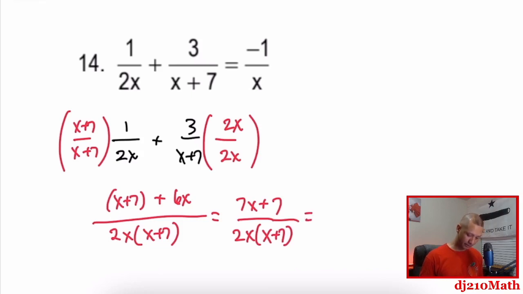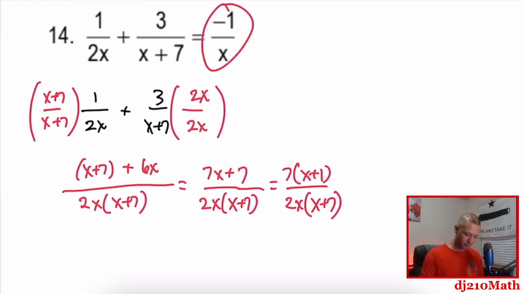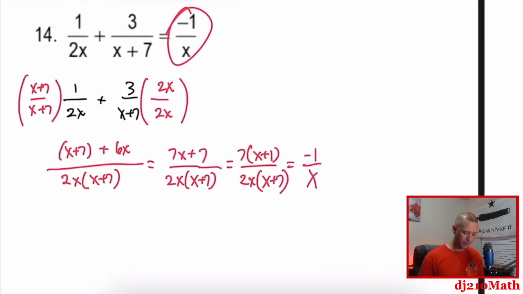We could factor something out of the top if we wanted. 7 times x plus 1, over 2x, x plus 7. All right. This is going to equal what's over here? -1 over x. All right.